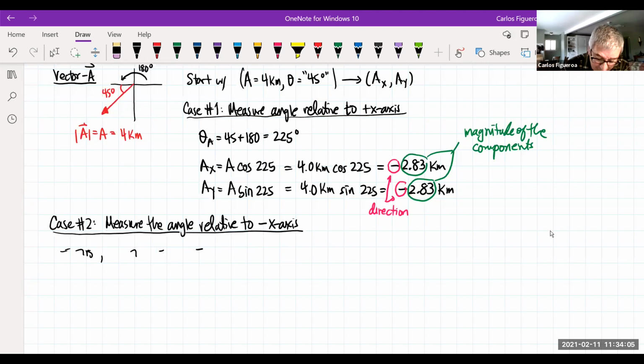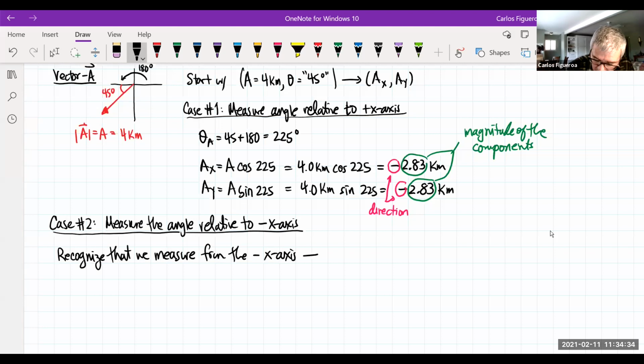Okay, my apologies. So what we're going to do here is recognize that we're measuring from the negative x-axis. So we first recognize that we measure from the negative x-axis. This tells us that we focus only on the magnitudes.